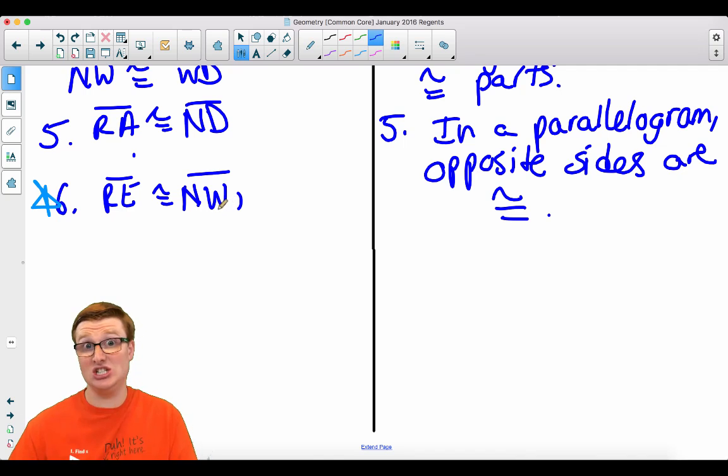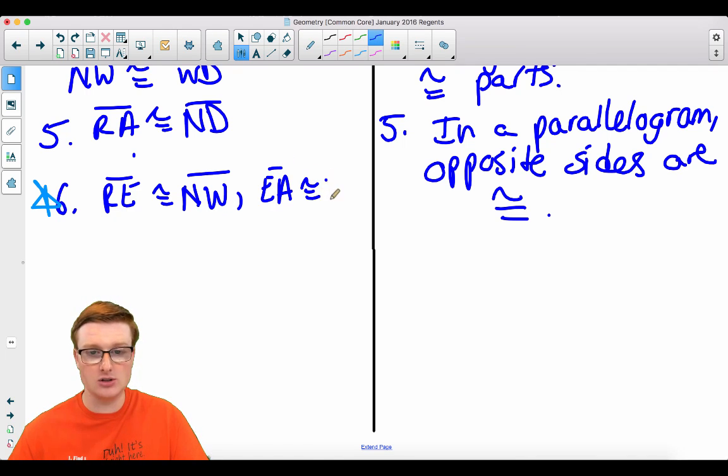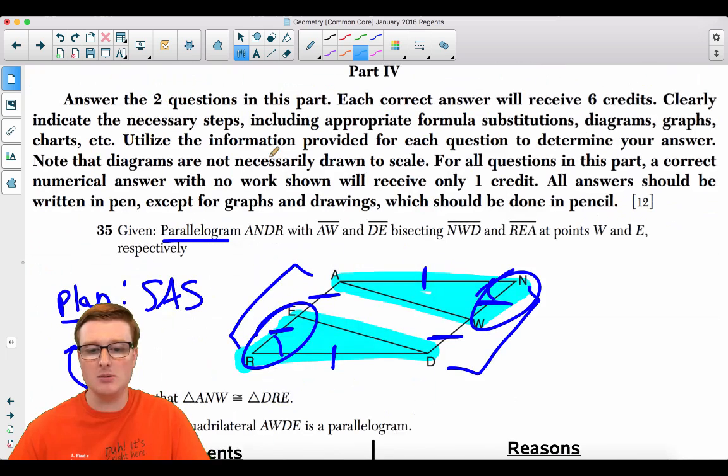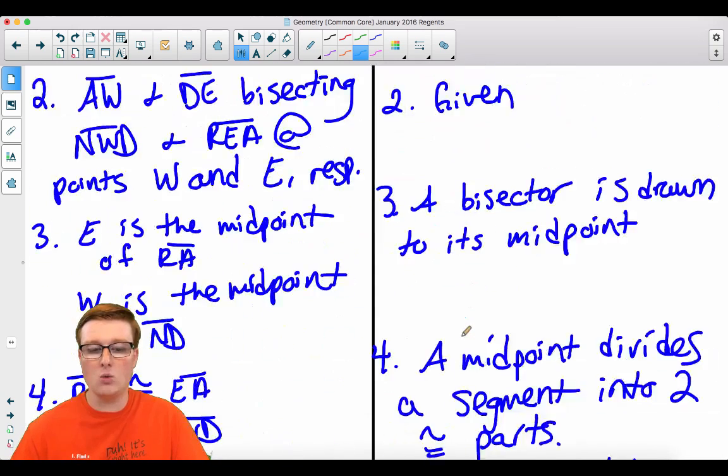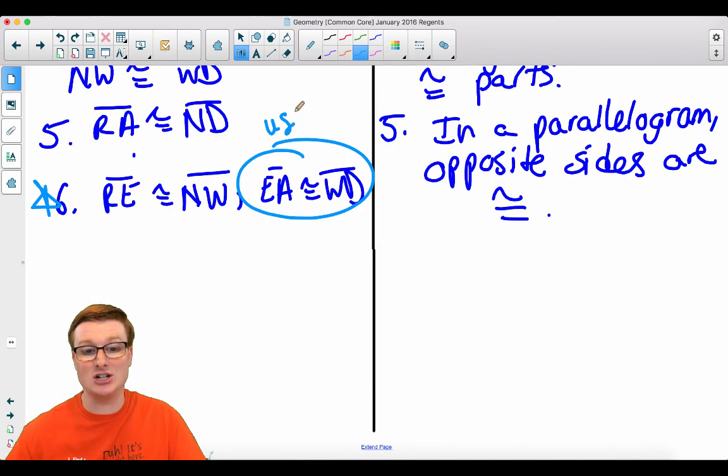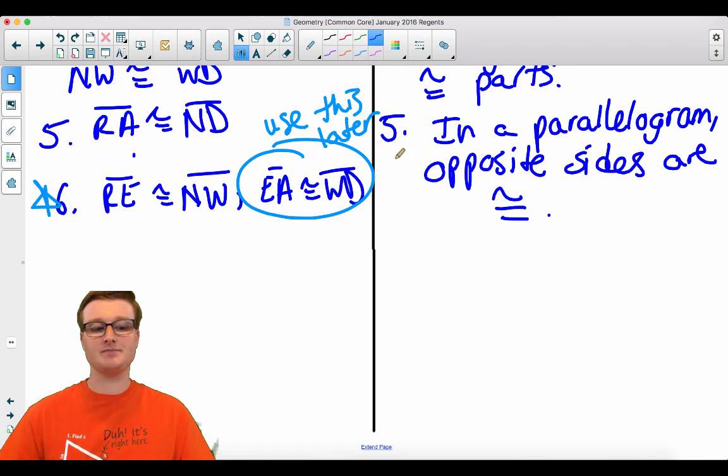And in addition to that, I'm going to say that EA is congruent to WD. And that's why I started this thing. EA and WD are not even included in this. So we're actually going to use this later. And you'll see why in about 3 minutes or so.